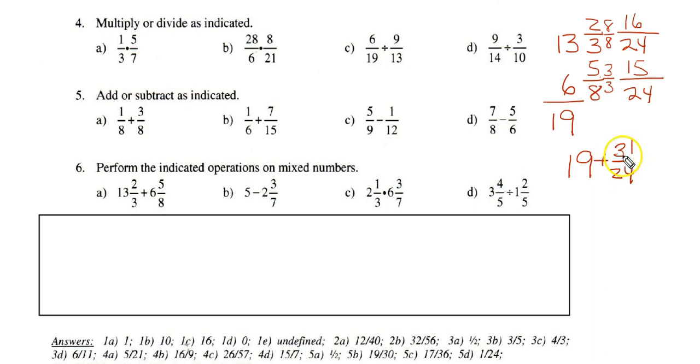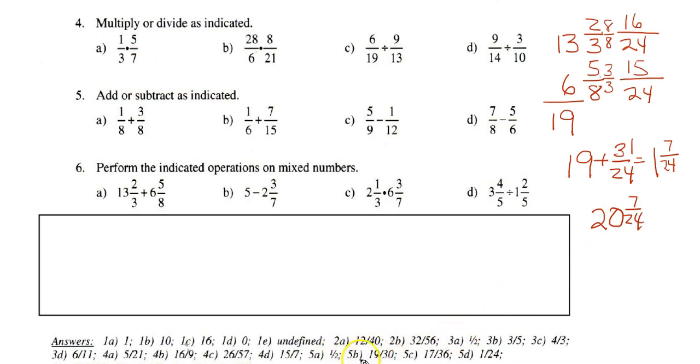So I want to simplify this improper fraction. How many times will 24 go into 31? Well, it will go 1 time, and there is 7 left over. So now I can add 19 in my 1 and get a 20, and then 7/24.